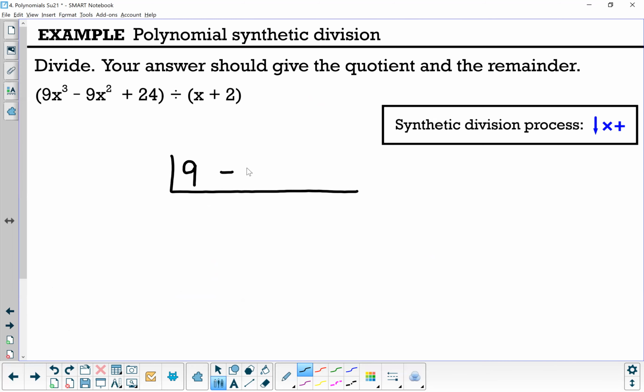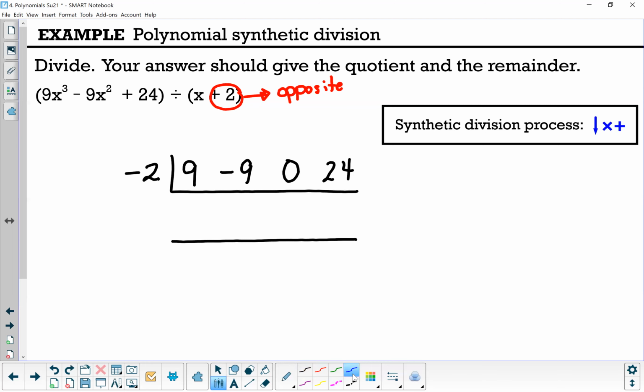And then -9. Now we don't have x to the first power, so put a placeholder of 0. And then for the constant 24, we put 24. Now for your divisor, you're looking at the +2 and you want to take the opposite. All right, so the opposite of +2 is -2.